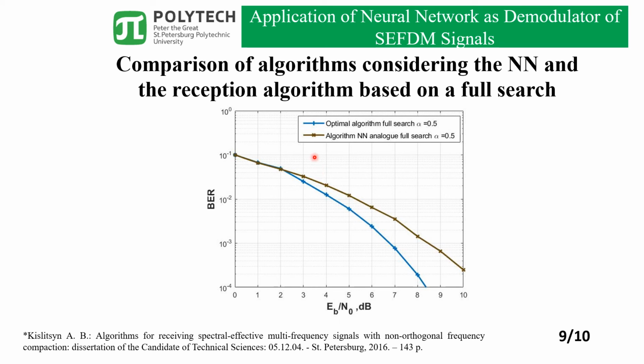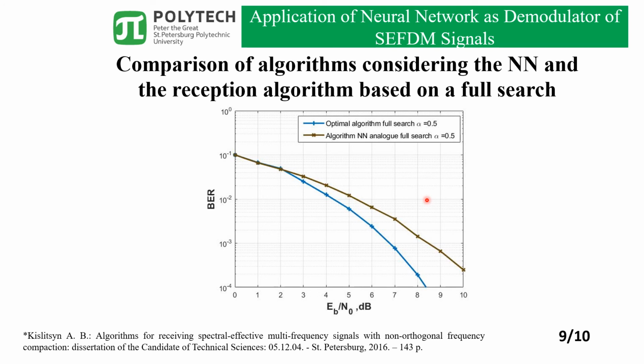Let us compare the results of the bit error rate performance of receiving SEFDM signals in a channel with additive Gaussian noise between the optimal full search algorithm, the blue curve, and the neural network analog of full search algorithm, the brown curve. The number of subcarriers is 32 and the type of modulation is BPSK.